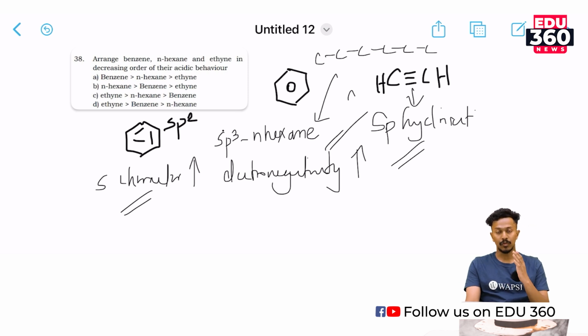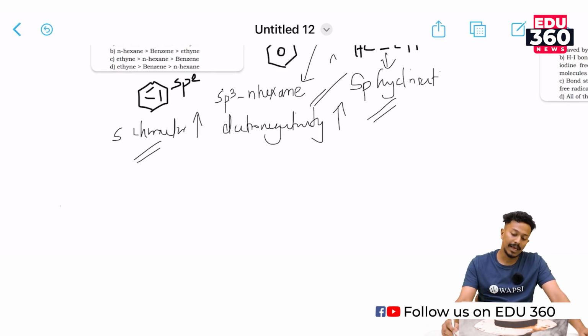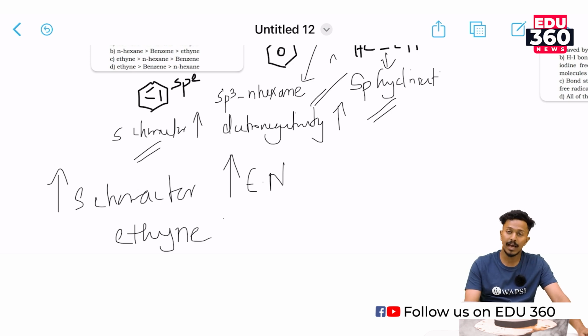What is the correlation between electronegativity and acidic character? The ease of removing the atom from the compound depends on the electronegativity, so higher electronegativity means higher acidic character. Greater s character means greater electronegativity. So ethane has the highest s character, the highest electronegativity and highest acidic character.